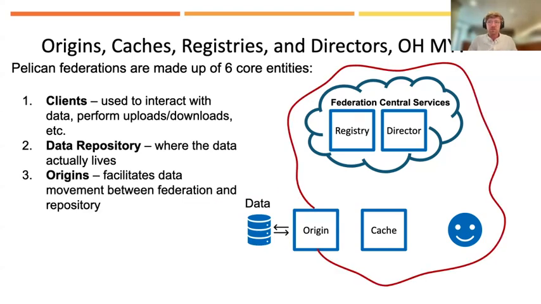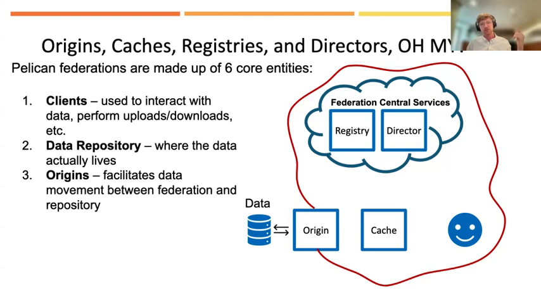The origin piece that Andrew mentioned is a special piece in the Pelican Federation, and it acts as a gateway that facilitates the transfer of data from whatever kind of repository it lives in, and allows it to move into the Federation space. So the origin is what allows us to take data from any kind of repository and get it to a cache or a client or anybody else who's trying to use the data.